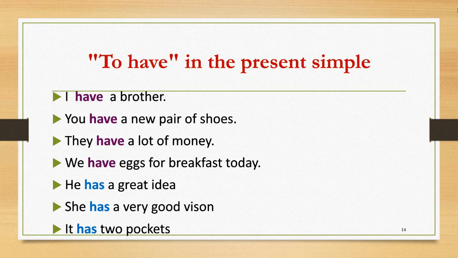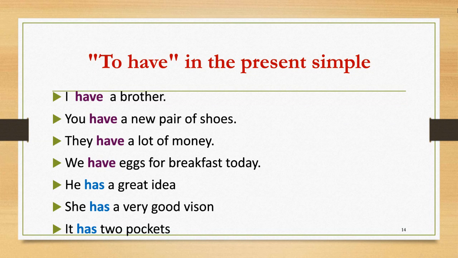It has two pockets. So for the verb to have, it's simple. With I, you, they, we use have. With he, she, it, we use has. I recommend you try to make your own sentences with these verbs in order to remember the change in each verb.